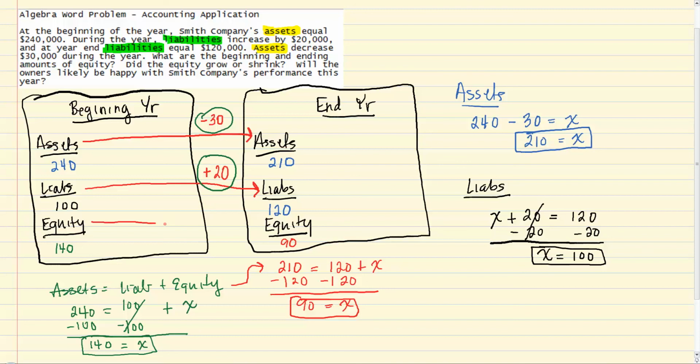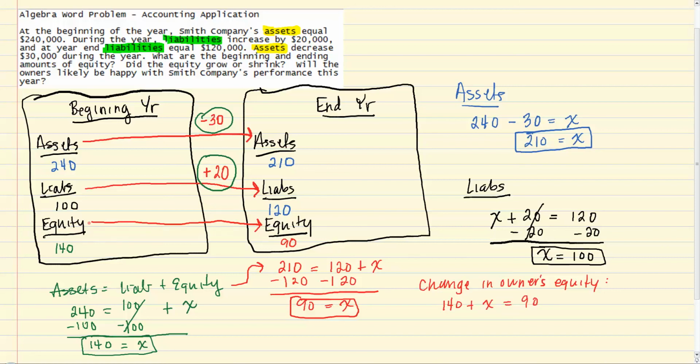Now we might be interested in knowing what kind of change in owner's equity that is, and we get that from 140 plus x equals 90.